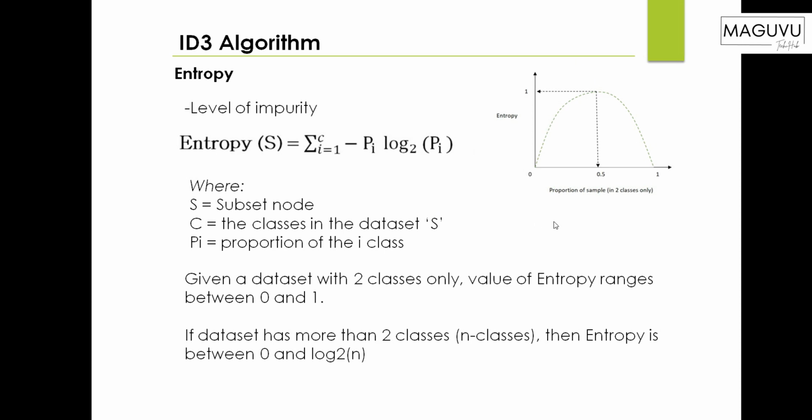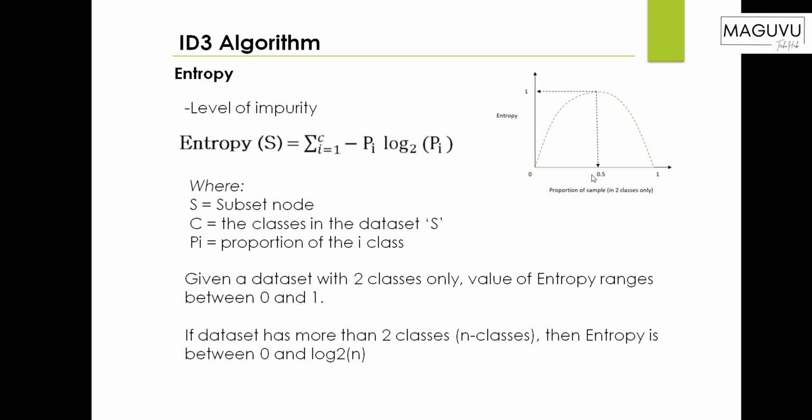Looking at the representation on the graph, where we have got 0 and then 1 being the entropy, if the proportion of the class on one side is 0, it means the entropy is also 0.